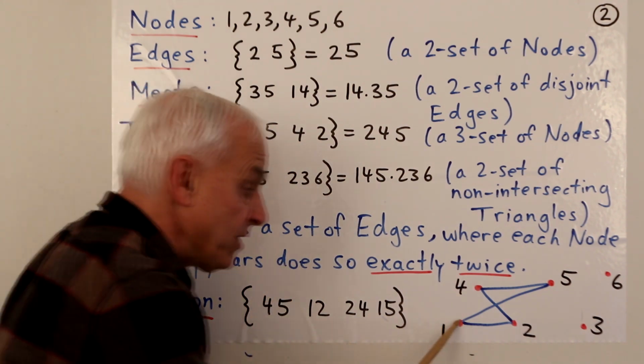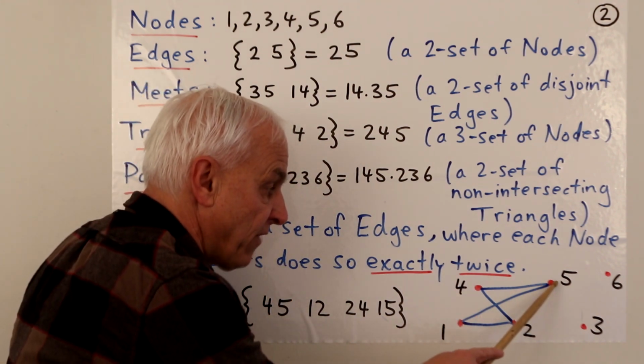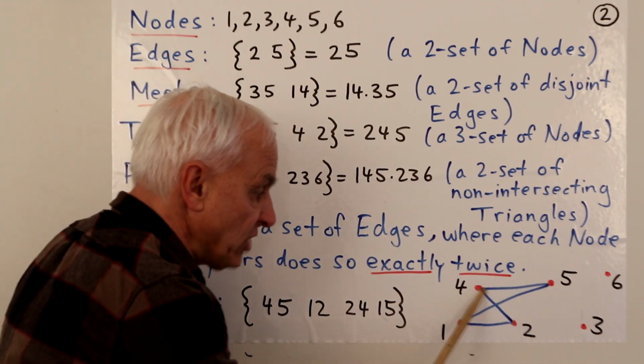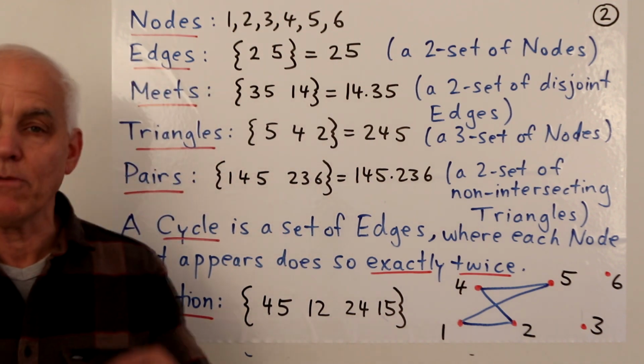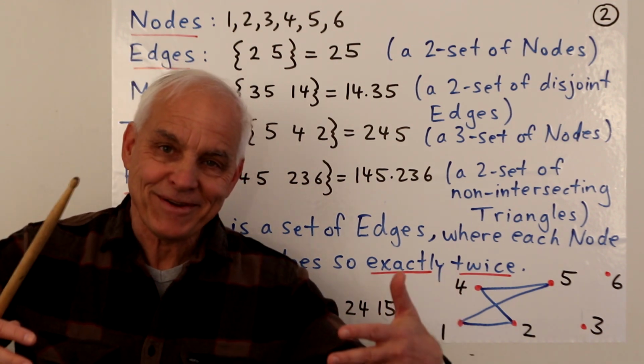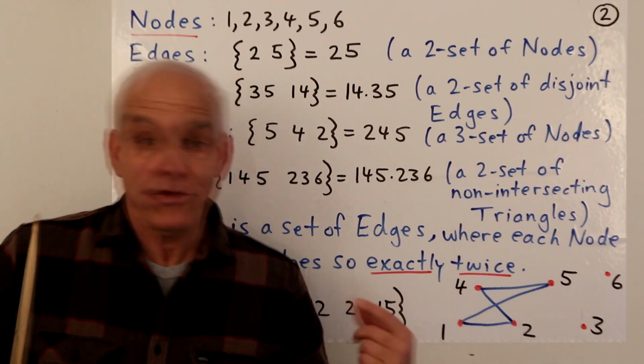That will then send you in this direction. And then once you get to 5, there's another edge emanating from that, going to 4, and then there's another edge emanating from 4, going back to 2, and you're back to where you started. So it's like a path in the woods that you can traverse in either direction.